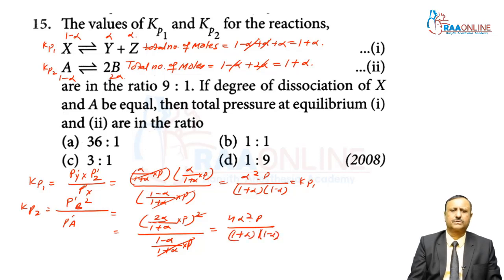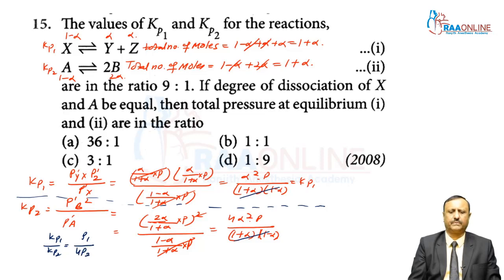alpha. When both equations, my dear friends, are divided, because this is the ratio, you can divide these equations. These cancel with each other, and we get Kp1 upon Kp2. Finally, my dear friends, the ratio of Kp1 and Kp2 is 9:1.